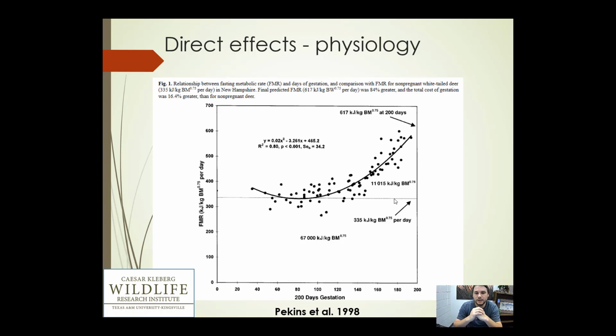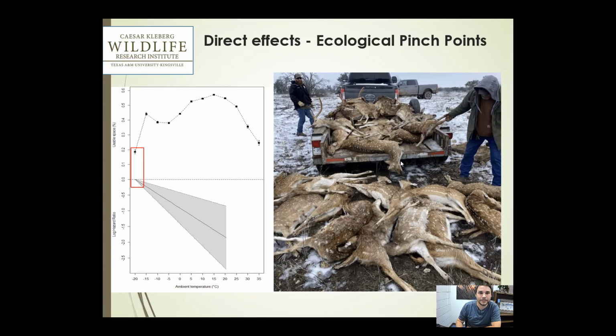And so you can see that as you increase in days of gestation, we actually see this increased fasting metabolic rate, which could translate to potentially increased heat in the gestating female, and potentially thermal consequences unless certain options are selected on the landscape.